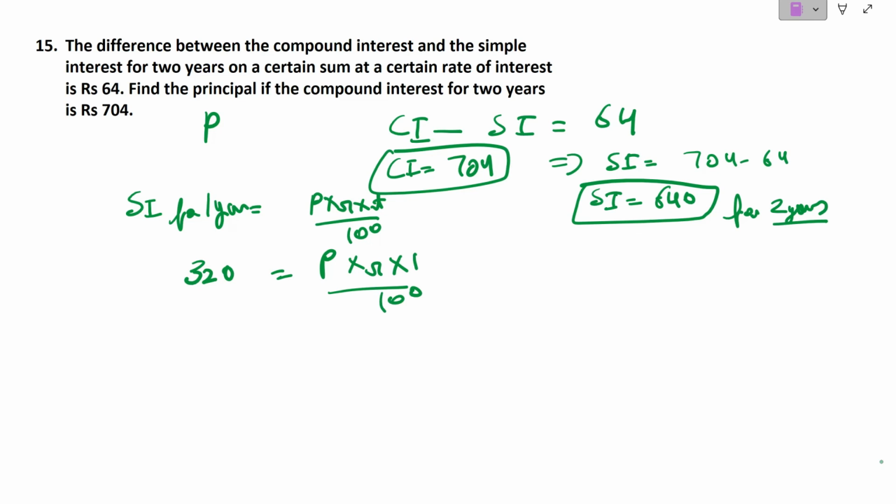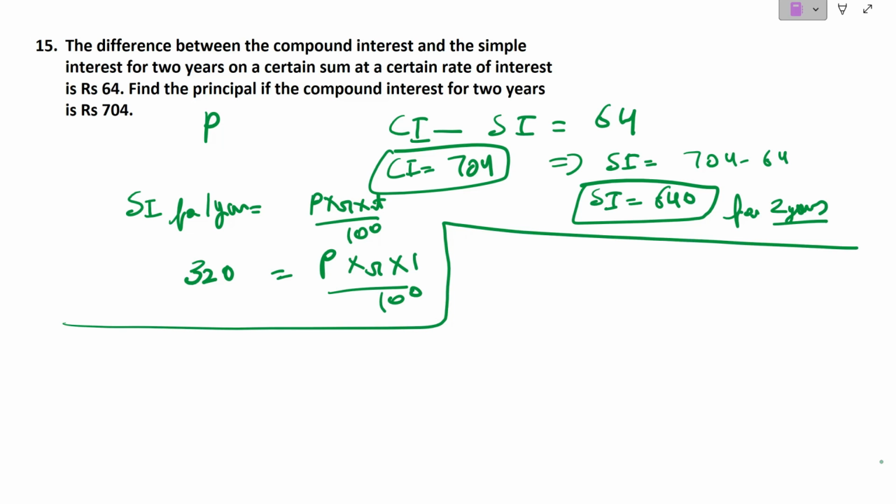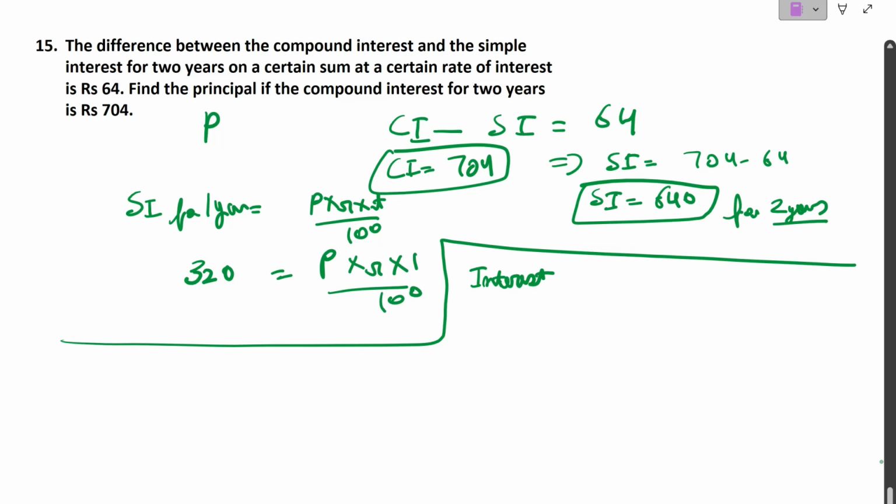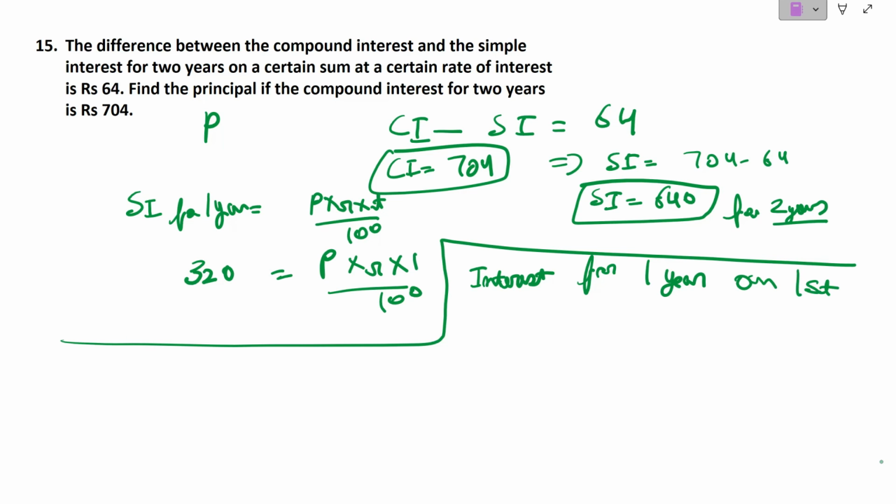What we need to think about is the interest for 1 year on the first year simple interest, because that is the root cause for the difference between simple interest and compound interest.